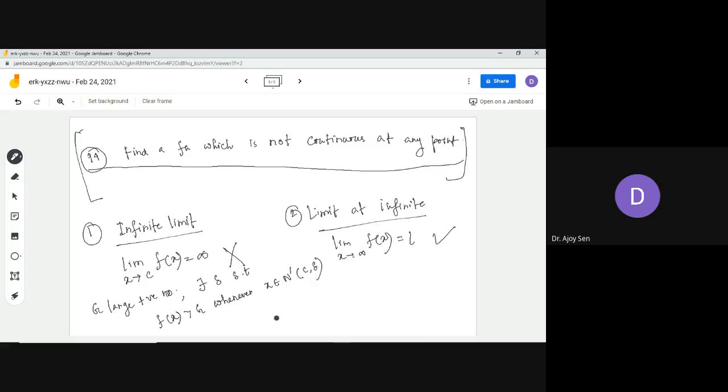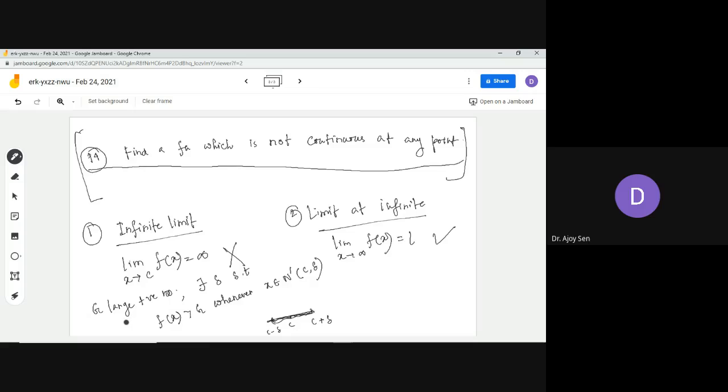That means you will be able to find a region like this, c minus delta to c plus delta, this is c minus delta and this is c plus delta. So whenever x lies here, the value of the function f is greater than g. If someone chooses g to be more and more large, then this delta will change, but the actual essence of this understanding remains the same.